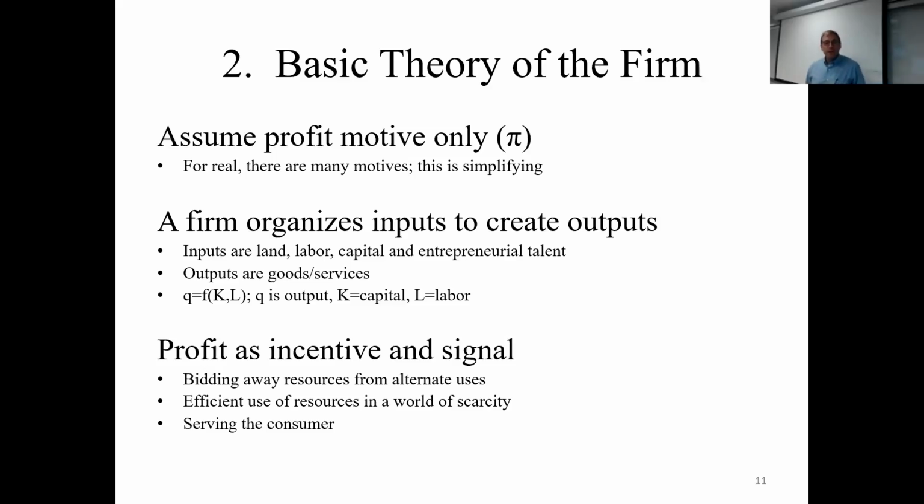So, all right, basic theory of the firm. Those of you who are interested could take a semester on theory of the firm. There are entire courses on theory of the firm. I'm going to try to dilute it into about 2 or 3 slides here. Actually, 1 slide before we go on to the rest. Out of simplicity, we're going to assume that the only motivation for business firms is profit. In the real world, we all know that's not true.